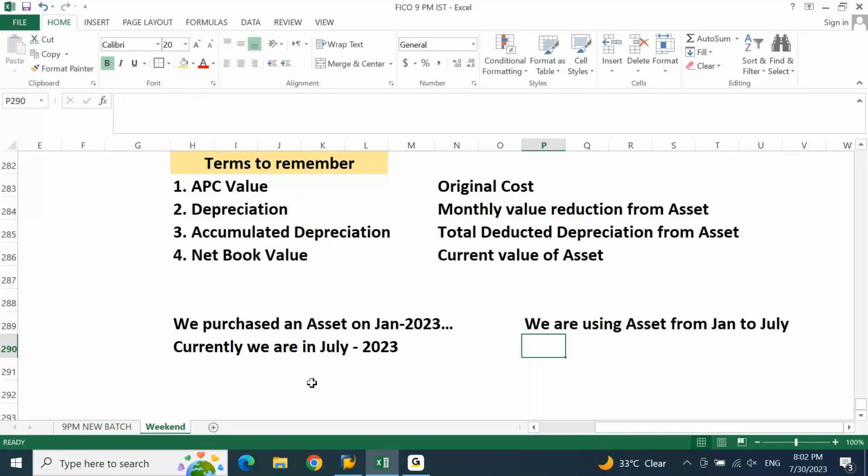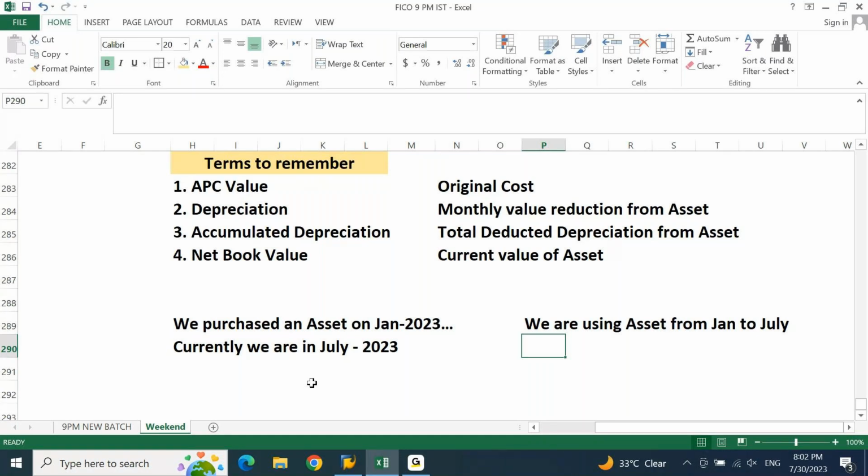I have a question. What is the difference between accumulated depreciation and depreciation?